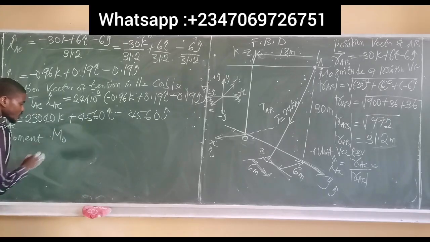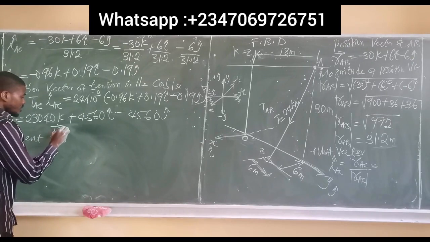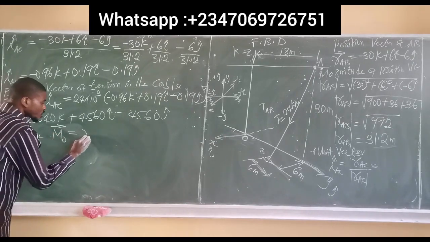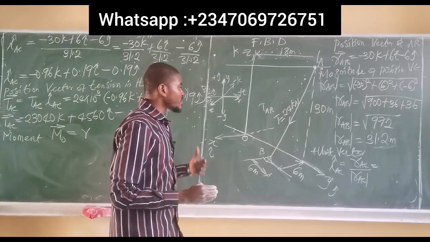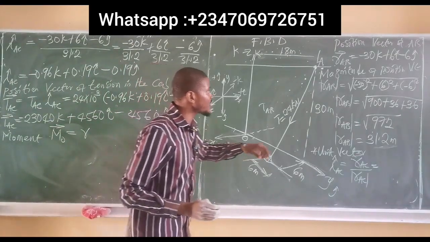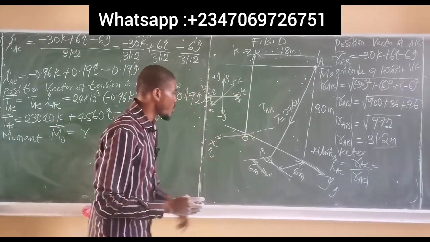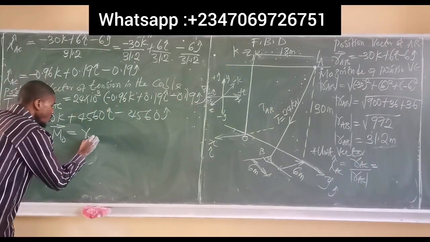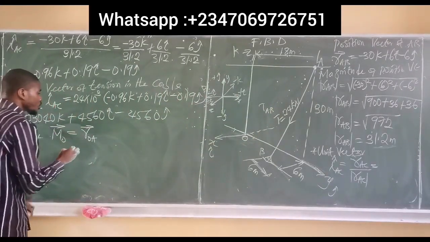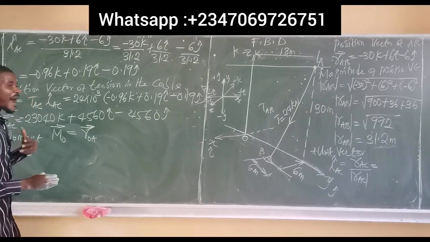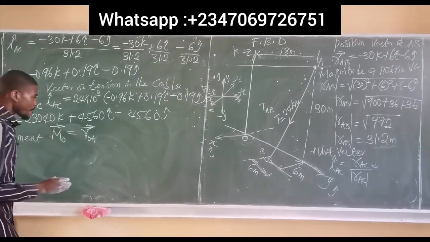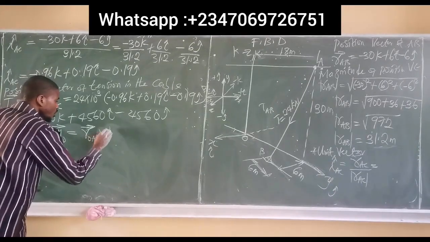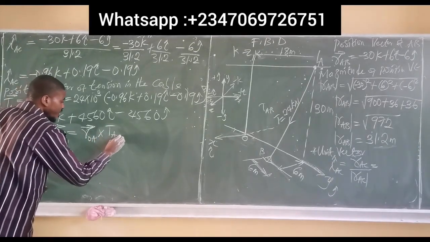So the moment about point O is equal to the position vector of the cable tied at point A with respect to point O, that is ROA, times the tension force vector in cable AC.